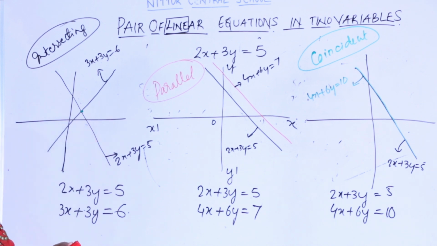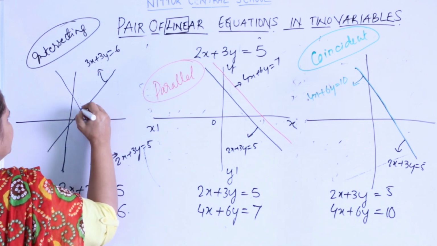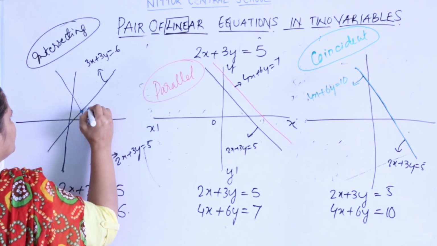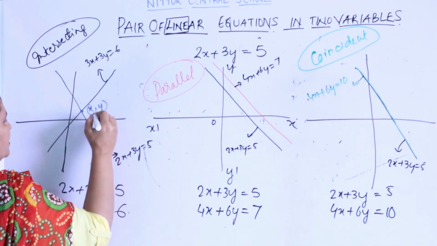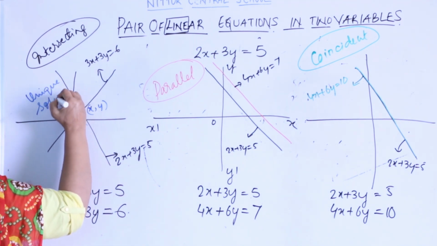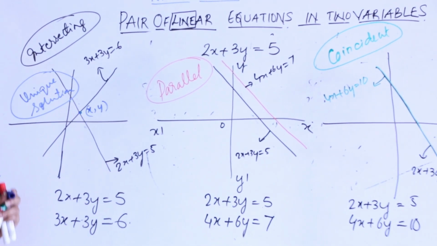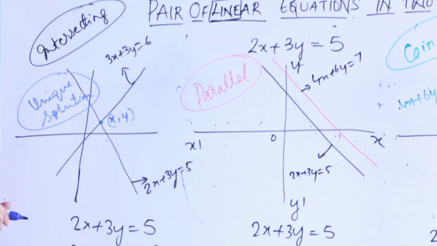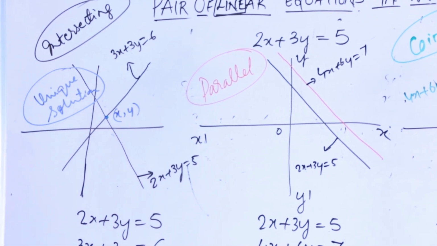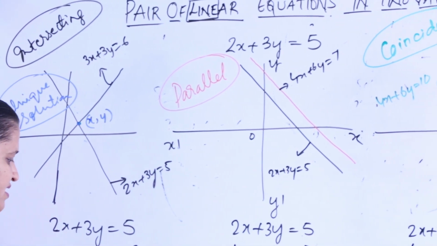So, in intersecting, we have one common solution, because it is intersecting at only one place. This is called a unique solution, meaning only one pair of x and y which satisfies both the equations.